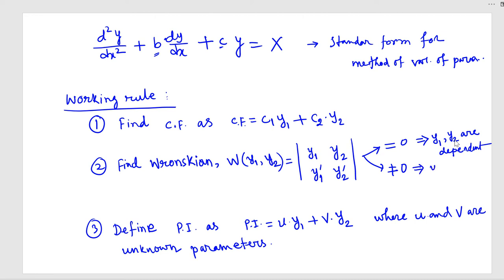If this is non-zero, then y1 and y2 are independent. In fact, only if we have independent functions can we apply this method. So that is one disadvantage of the method of variation of parameters.